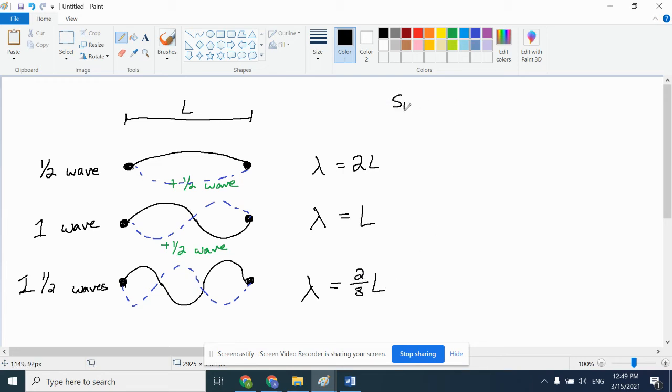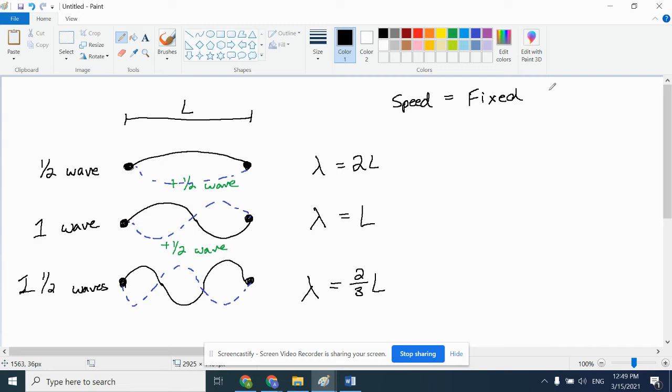Now let's talk about the speed. The speed is fixed. The speed of a wave on a string depends on the string's mass density and the string's tension. Mass density is nothing more than how many grams per centimeter or kilograms per meter the string material is made of.